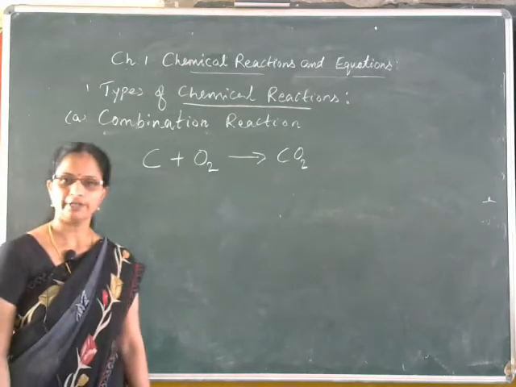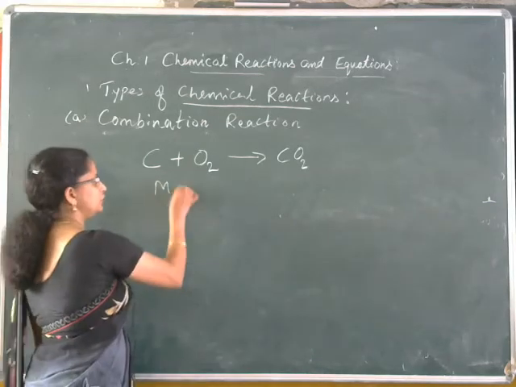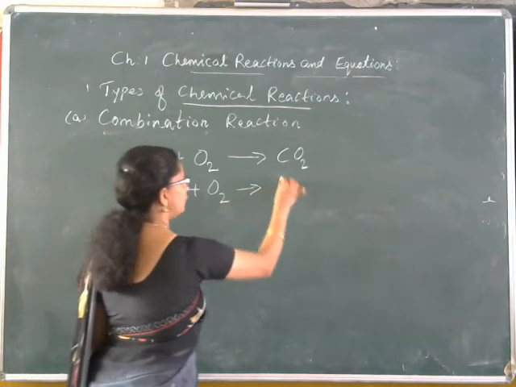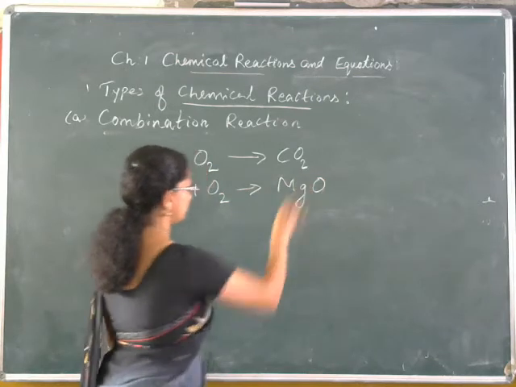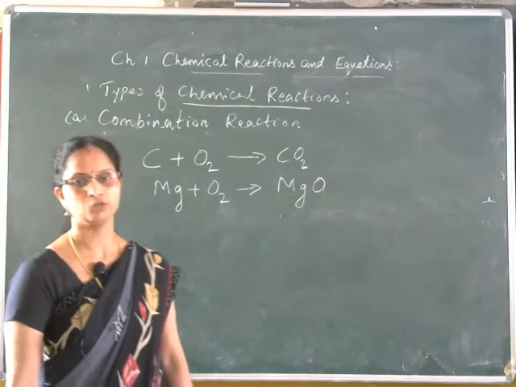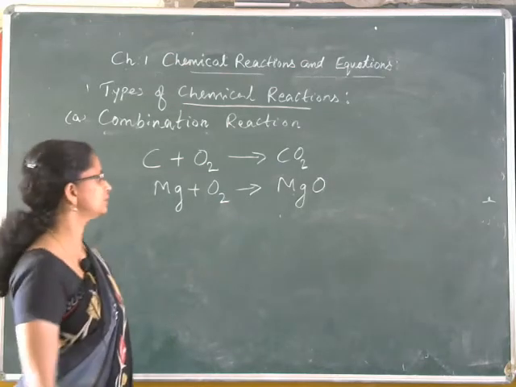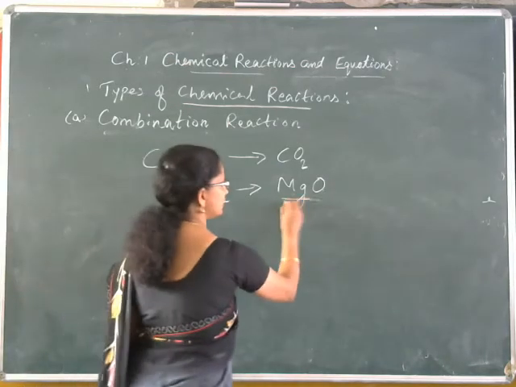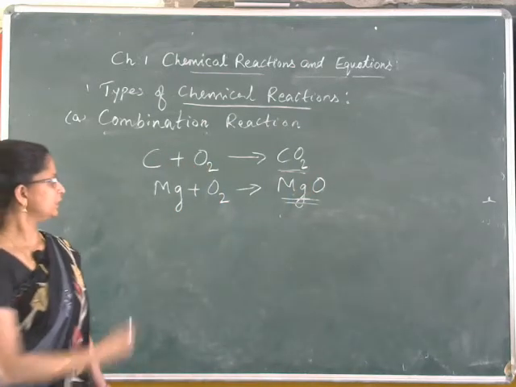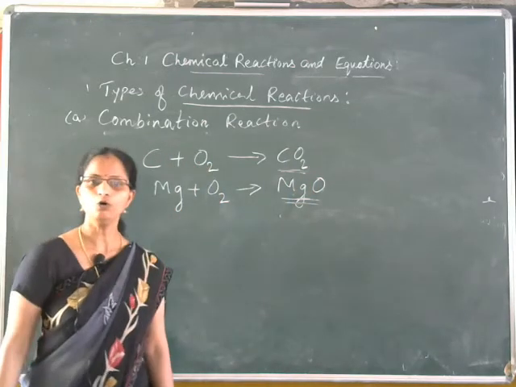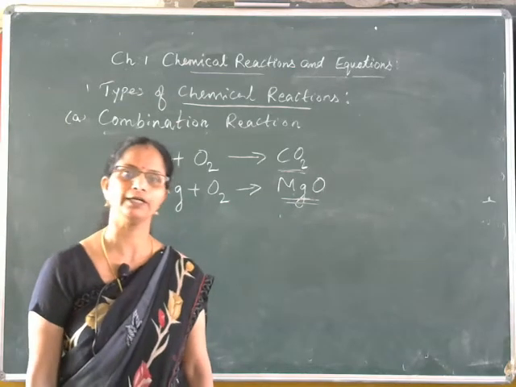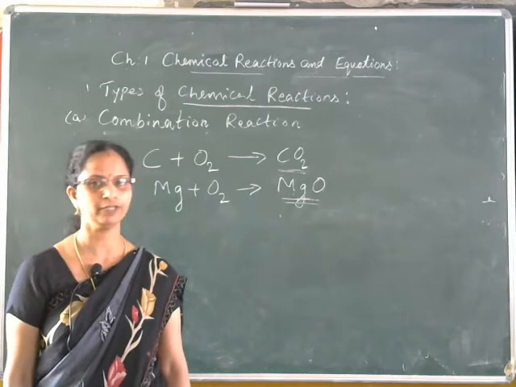Yesterday we saw one reaction, that is magnesium ribbon burns in oxygen or air to form magnesium oxide. Here also we can see two elements combined together to form a single product, that is magnesium oxide. Such reactions where two or more reactants combine together to form a single product are known as combination reactions.